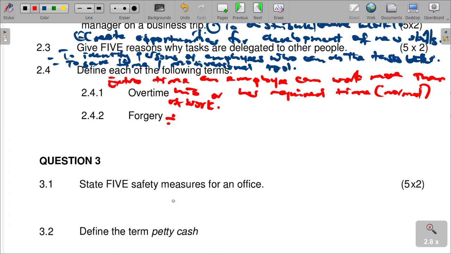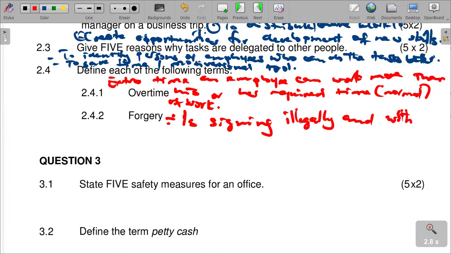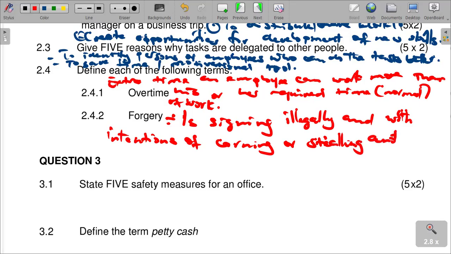Forgery is signing illegally, with intentions of conning or stealing another person's money.